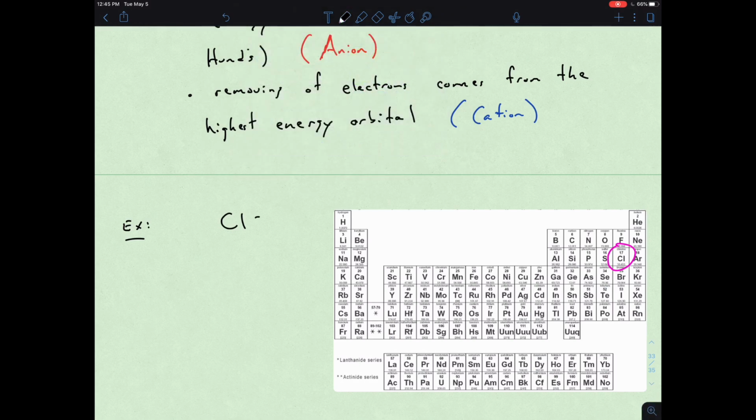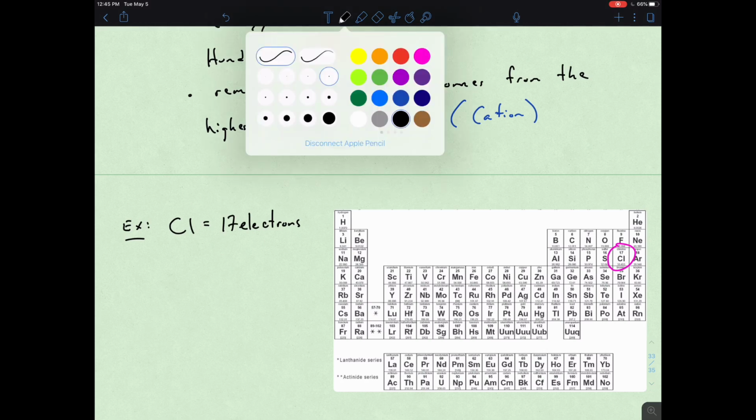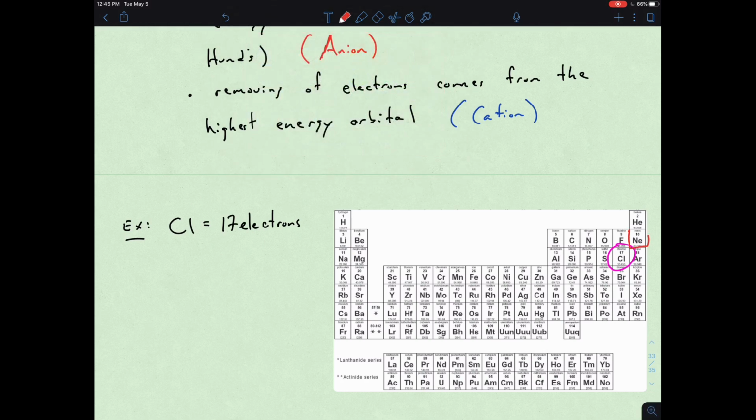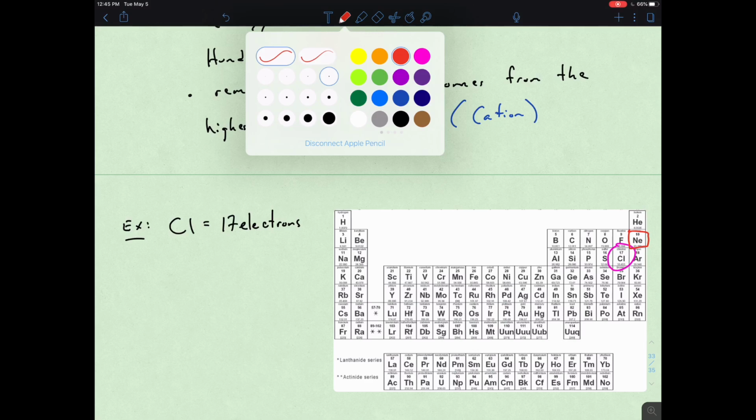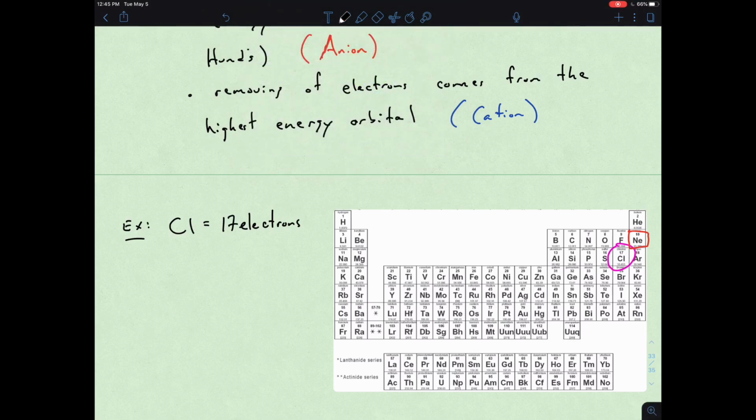All right, so we have 17 electrons to take care of. And we also have that noble gas configuration idea. So as far as our electronic configuration would go, we would have neon, and then we would have 3s2, 3p5. So that will be chlorine.